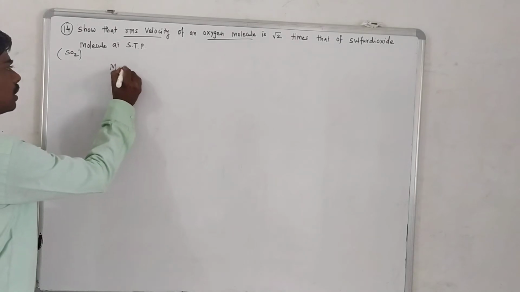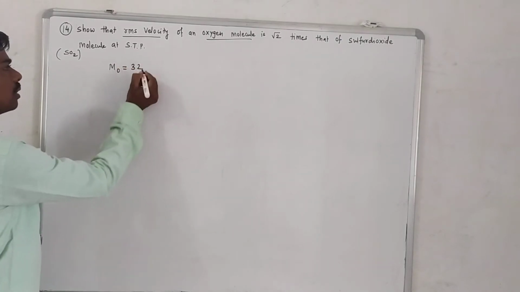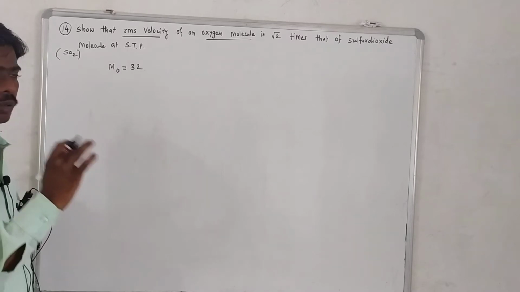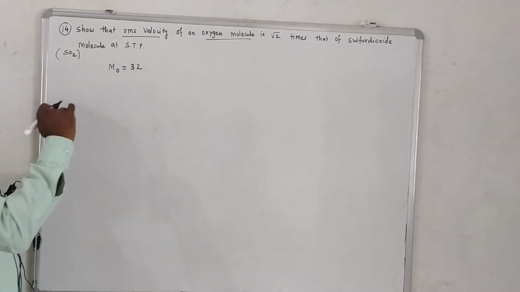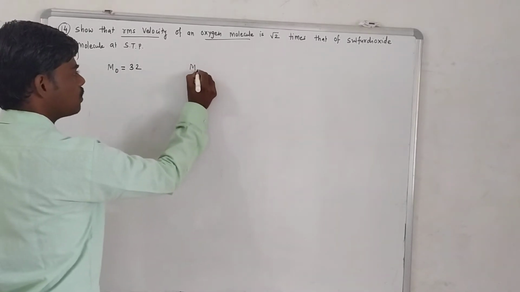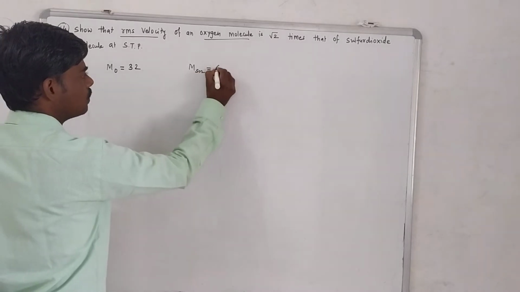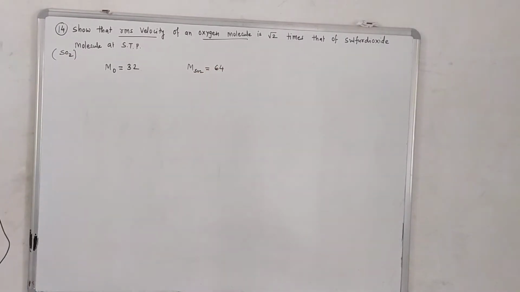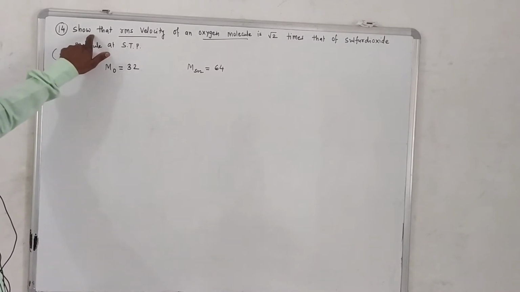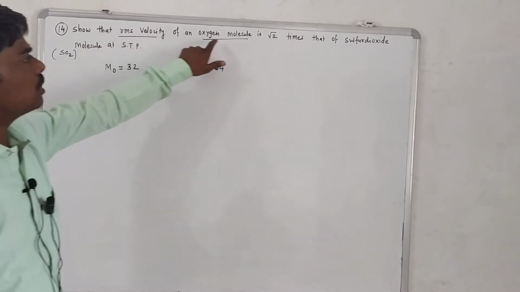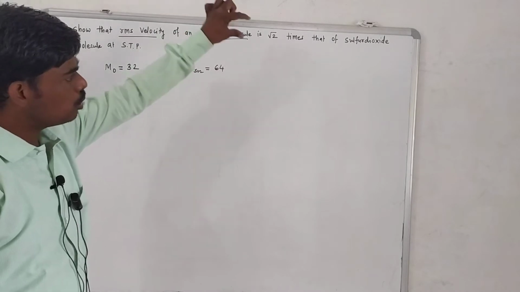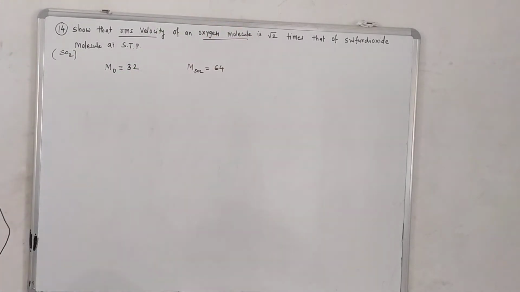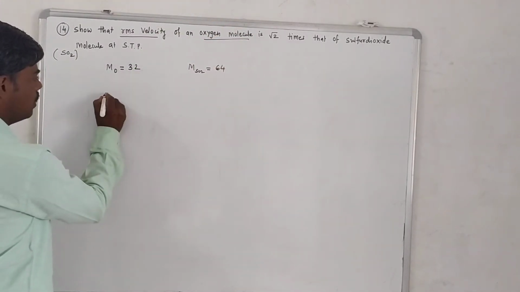It is not given in the problem; we have to remember it. Molecular weight of oxygen is 32 and molecular weight of sulfur dioxide, SO2, is 64. So what we are going to find out is that the RMS velocity of the oxygen molecule is root 2 times the RMS velocity of sulfur dioxide at STP.